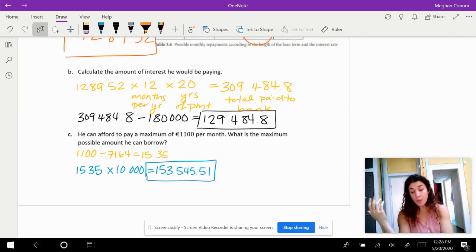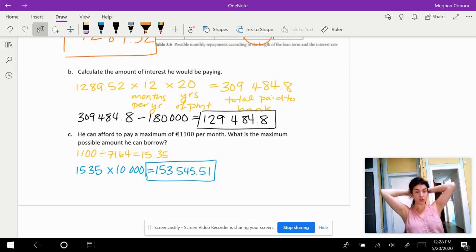So he was originally hoping to borrow 180,000, but under this certain restriction, he can only borrow just over 150,000.